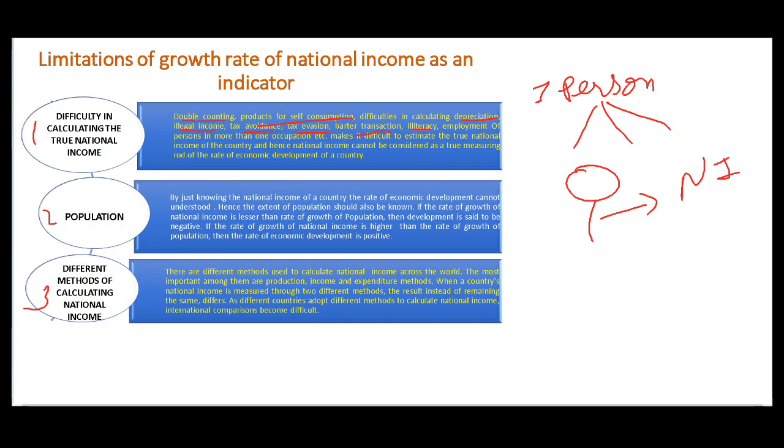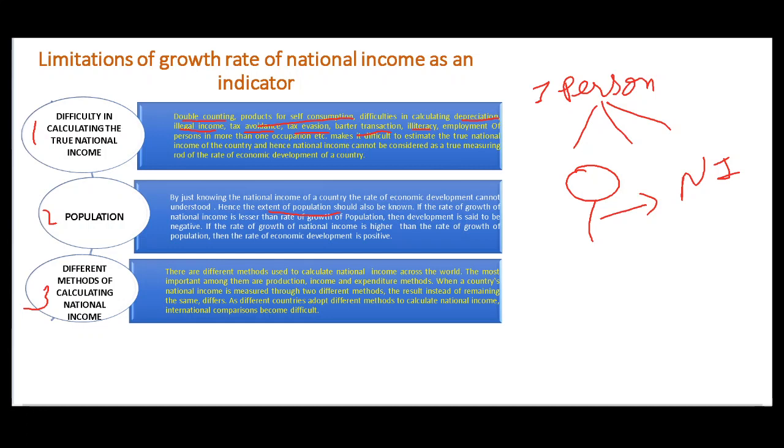Second one is population. In the previous table form I explained this. Again we are seeing this point of population. By just knowing the national income of a country, the rate of economic development cannot be understood. Hence the extent of population should be known. How much the population is, that is also necessary to know.